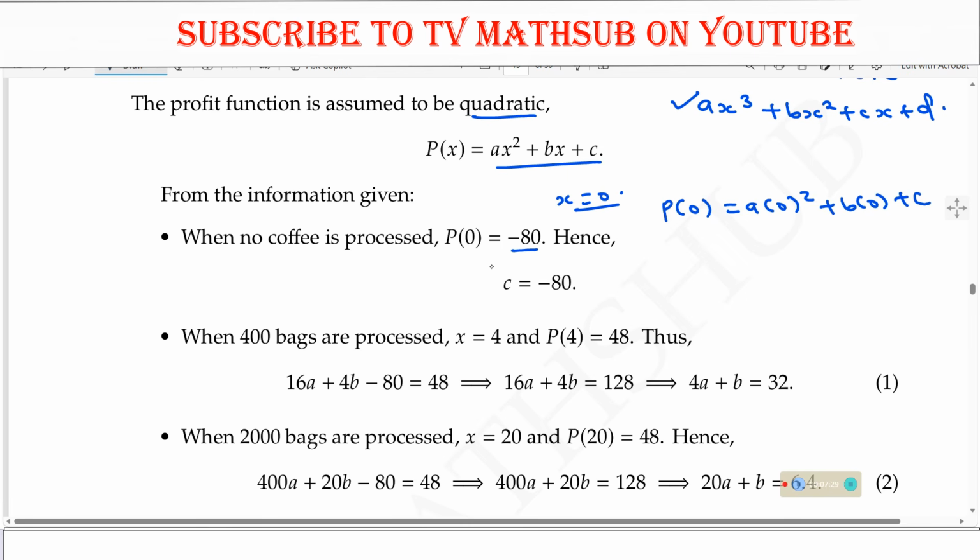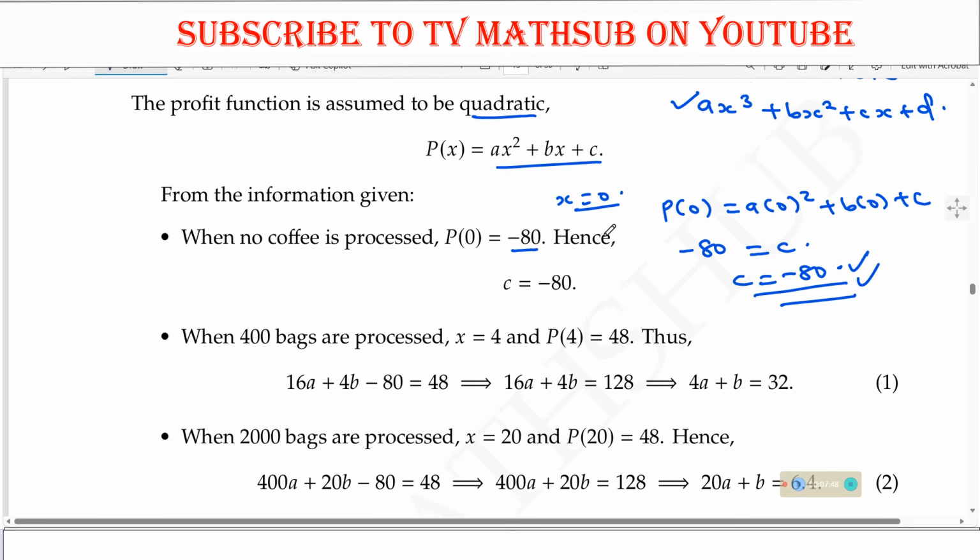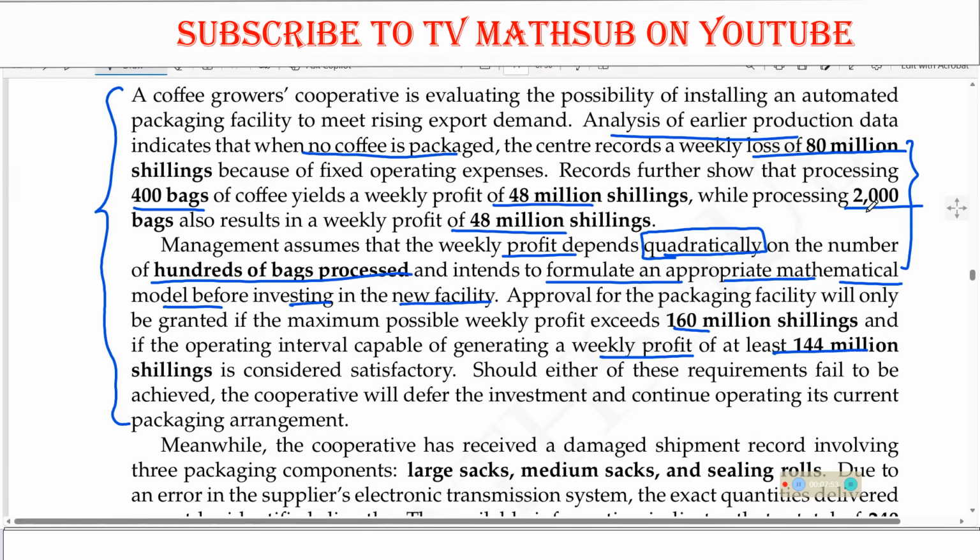Now, this is a loss. Remember, we are talking about profit, but when we talk about a loss, then it means that is negative 80, which is equal to c. So c is negative 80. Now, we have obtained c as negative 80. Next, they are telling us that when 400 bags of coffee are processed, then we get a profit of 48 millions.